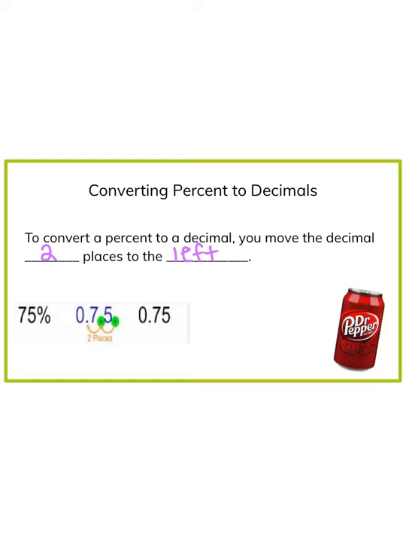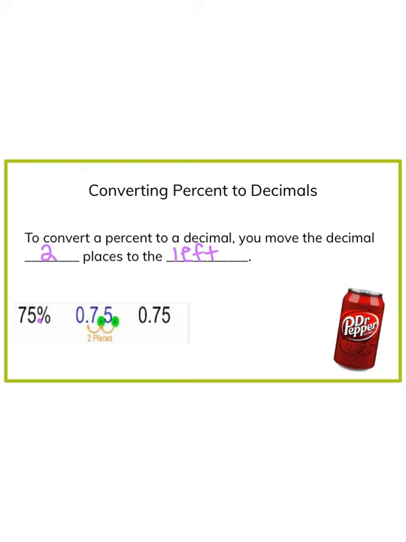The example you see below shows 75%. In order to convert this percent to a decimal, I first have to locate the decimal point. If you don't see a decimal point in the percentage, like in the example below, it will always be placed at the end of the number on the right.